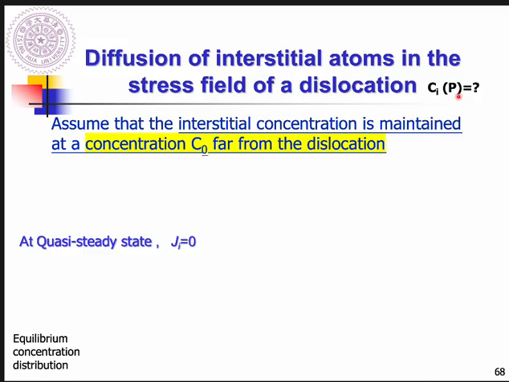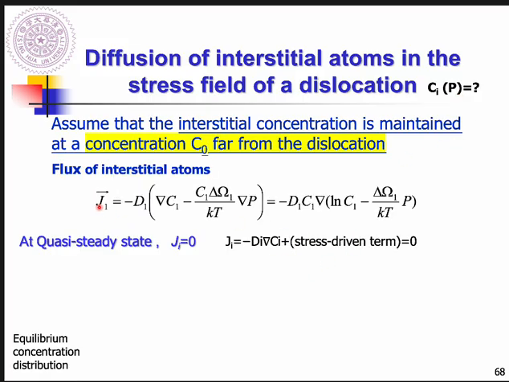The second one is the stress-induced atomic flux. The sum should equal 0. So this is how you should write it down. The first one is due to the concentration variation of these dopant interstitials. The second part is the stress field induced term. So it will be mobility, concentration, and the driving force.